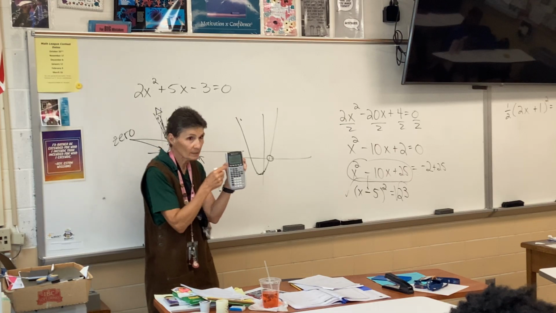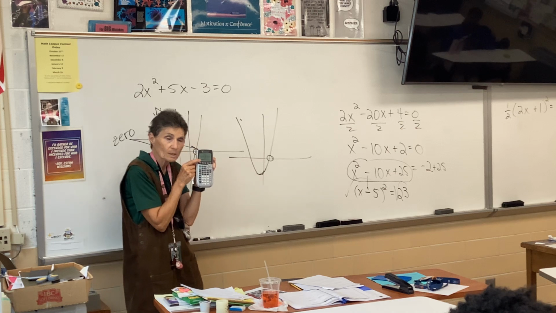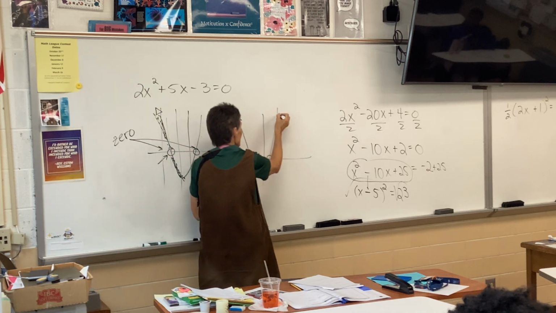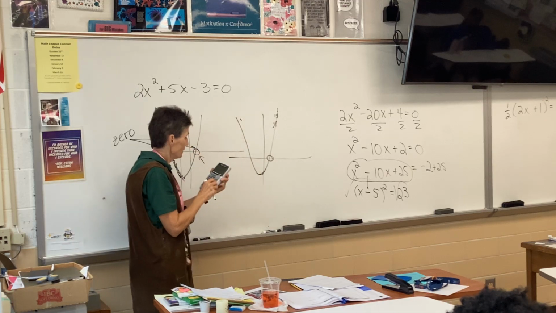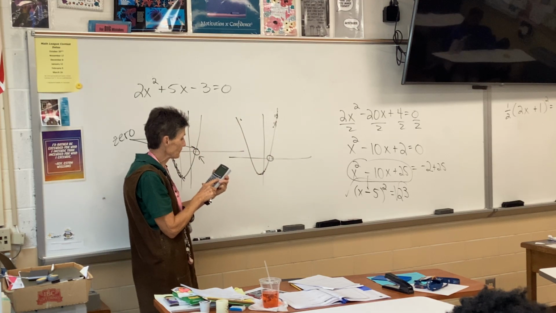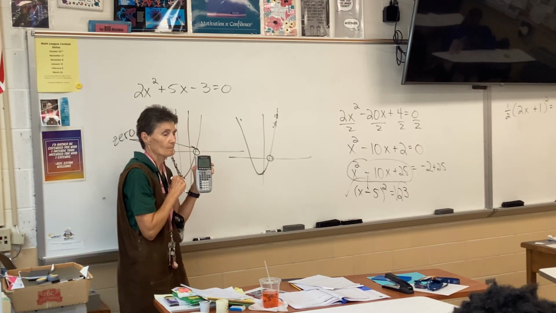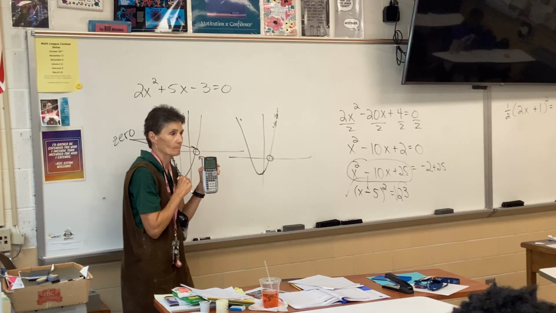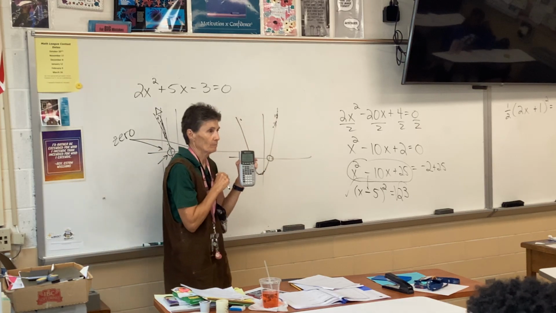Now, the calculator guides you through. What does it say now? Where's your right bound? Now you need to move your cursor so it's somewhere over here. So, just move the cursor and press enter. Now what does it want to know?